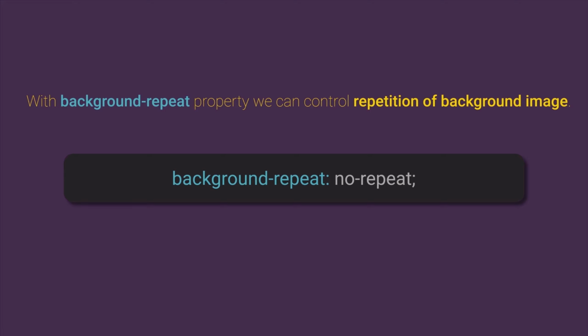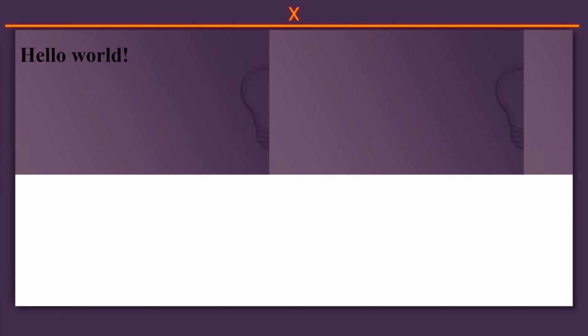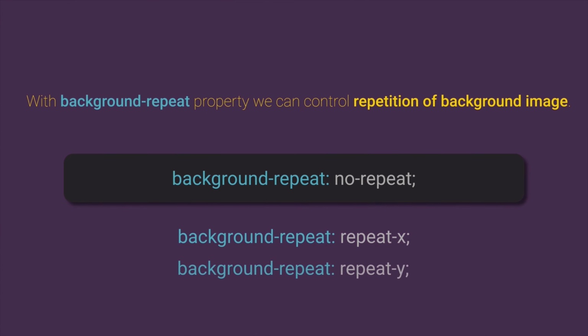For example, we can set background repeat X, which means that we allow repetition of our background image just on the X axis. And we can set repeat Y, which means that we allow repetition of our background image on the Y axis.